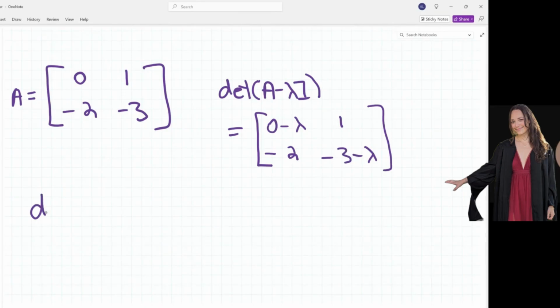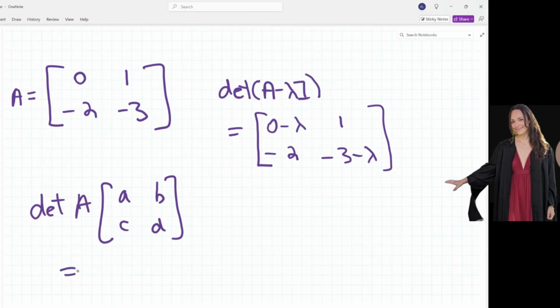And the determinant of a matrix A, B, C, D equals AD minus BC. That's what we're going to do right over here.